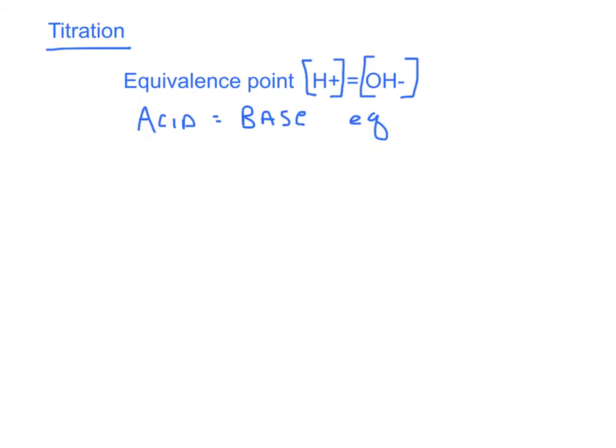Then we could use the equation M1V1 equals M2V2. And that's if their equivalents were equal. Now, if they're not equal, then we have to be able to figure out the number of equivalents and do a little bit of stoichiometry.